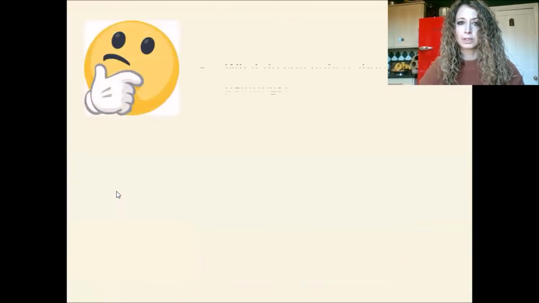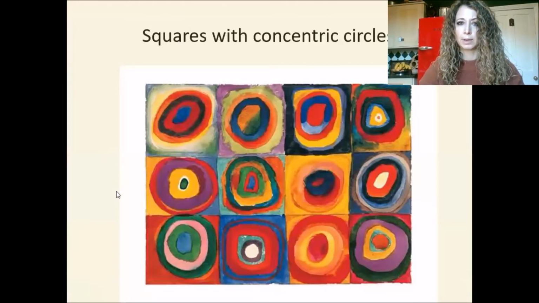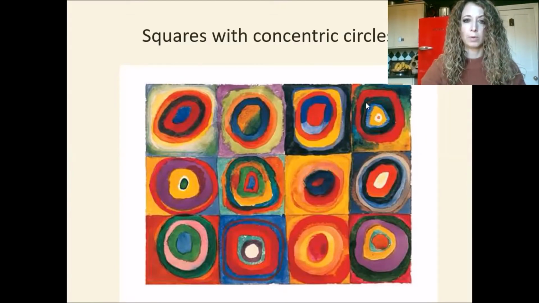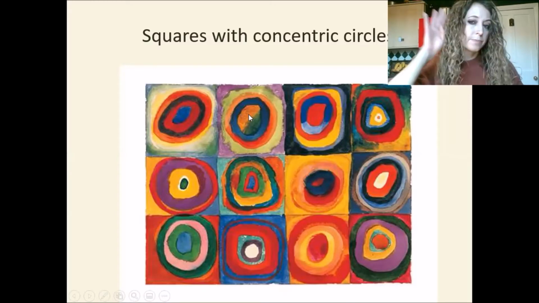Now we're going to be focusing on this one. This is called Squares with Concentric Circles. Okay, so as we can see here, we have a square. We've got lots of squares, haven't we? And inside the squares, what shape have we got here?